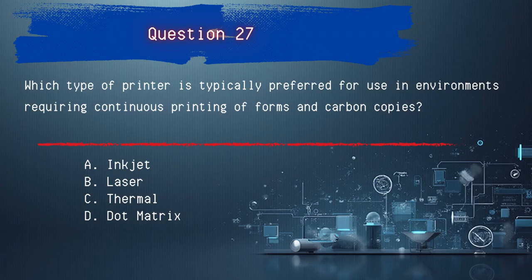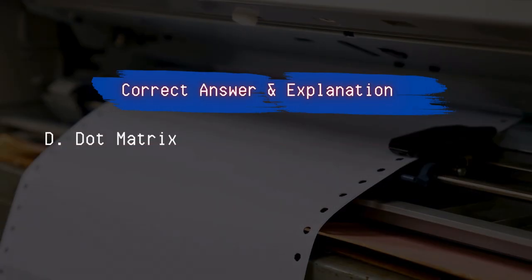Question 27. Which type of printer is typically preferred for use in environments requiring continuous printing of forms and carbon copies? A. Inkjet, B. Laser, C. Thermal, or D. Dot matrix? Correct answer D. Dot matrix.